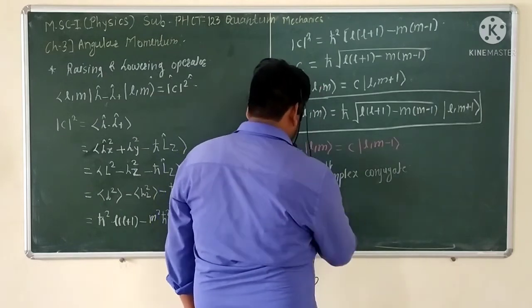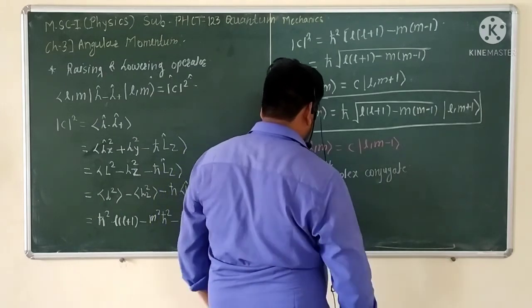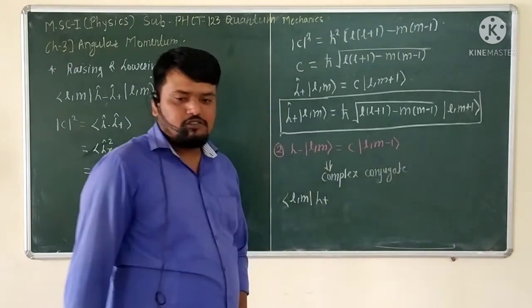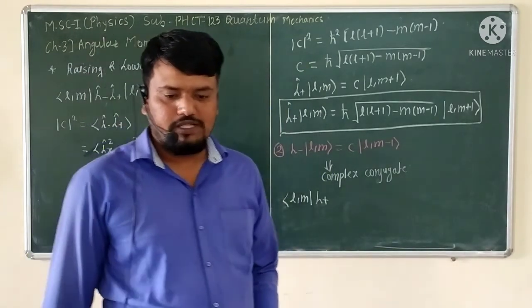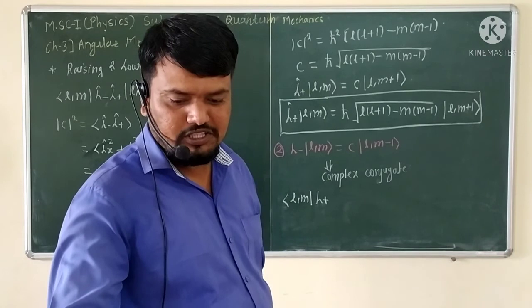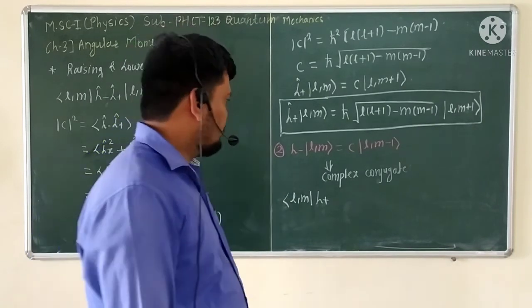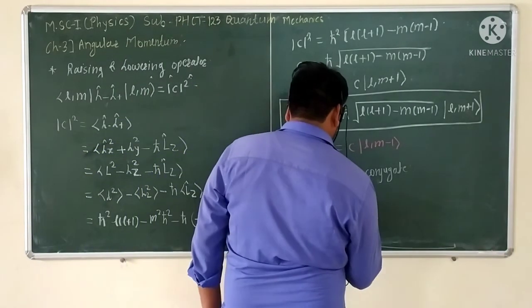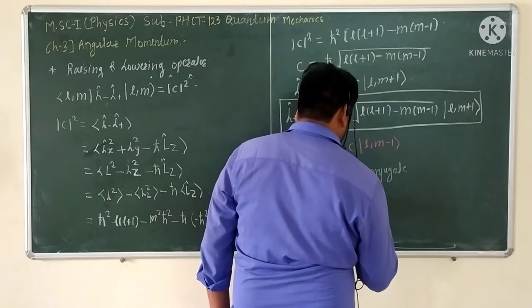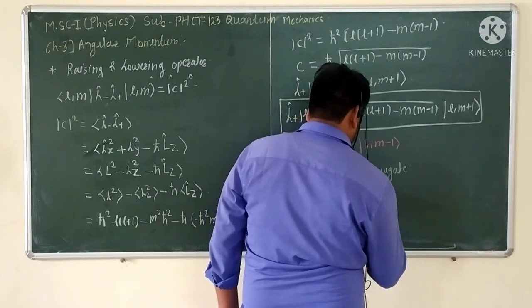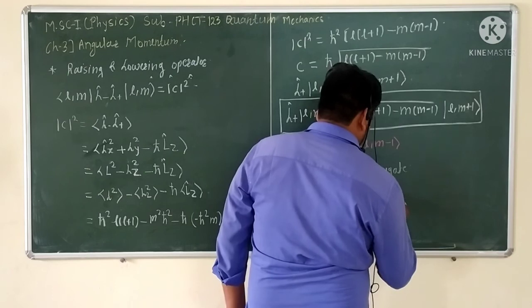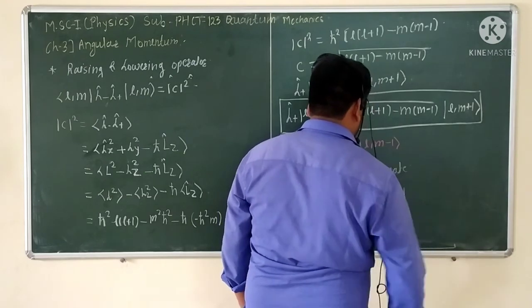Here L minus is there, so here it becomes L plus. That is the complex conjugate of this, and this is nothing but C star times the bra of L comma m minus 1.